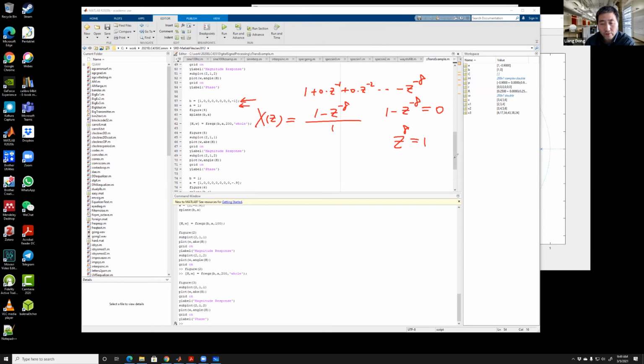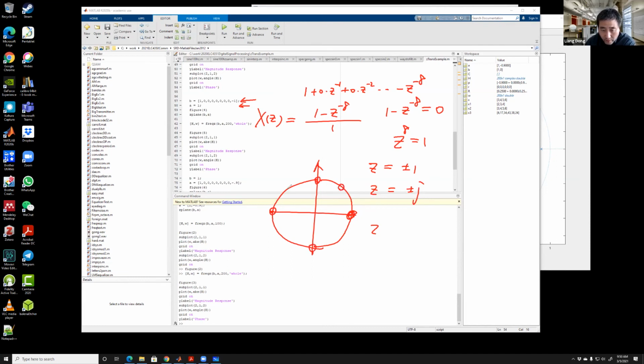And what are the solutions for this equation? z can be positive negative 1, right? z can be positive negative j. Well, actually, if you draw this on the unit circle, z can take this point, that's positive 1, negative 1, positive j, negative j.